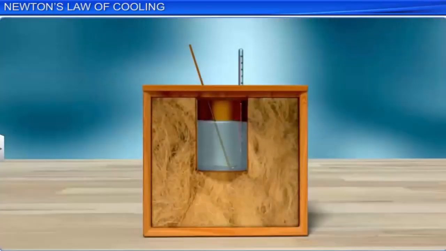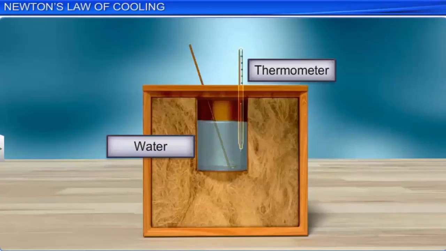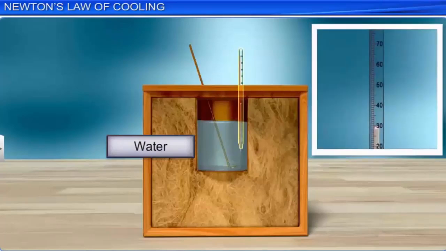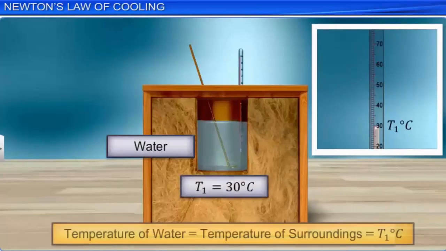Let's take some water at room temperature in a calorimeter and place in it a thermometer. If the temperature of the water is T1 degrees Celsius, then the temperature of the surroundings is also T1 degrees Celsius.